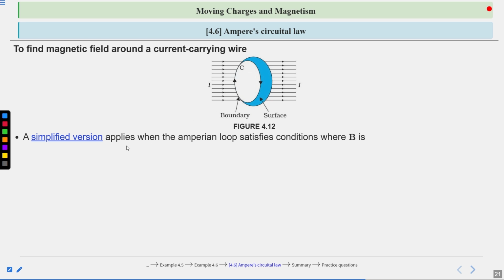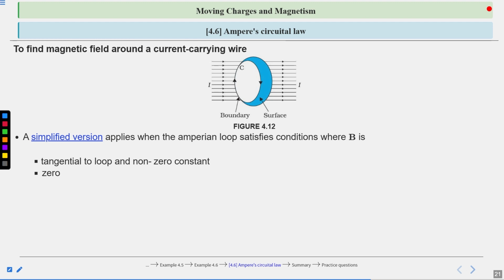Now we have to consider the loop called Amperian loop. So a simplified version applies when the Amperian loop satisfies the condition where B is tangential to the loop and non-zero constant. So at each point of this loop, B is tangential to the loop, and non-zero constant. Or B can be normal to the loop, or it can be zero.